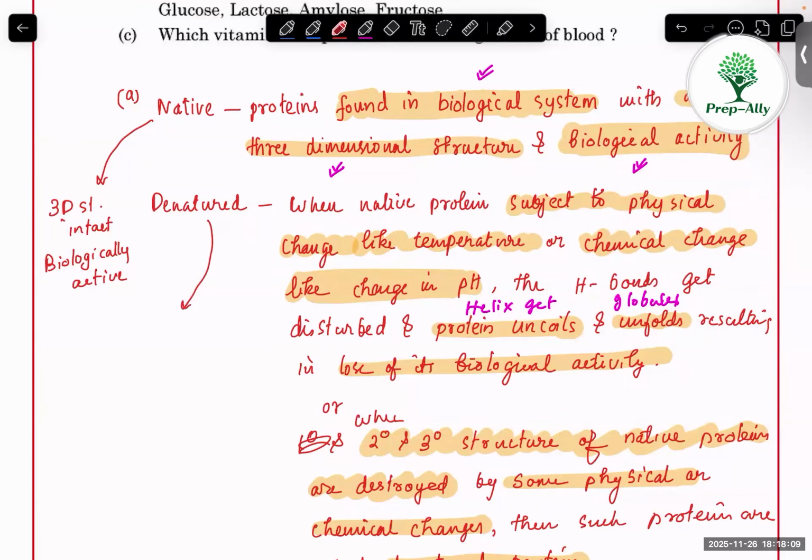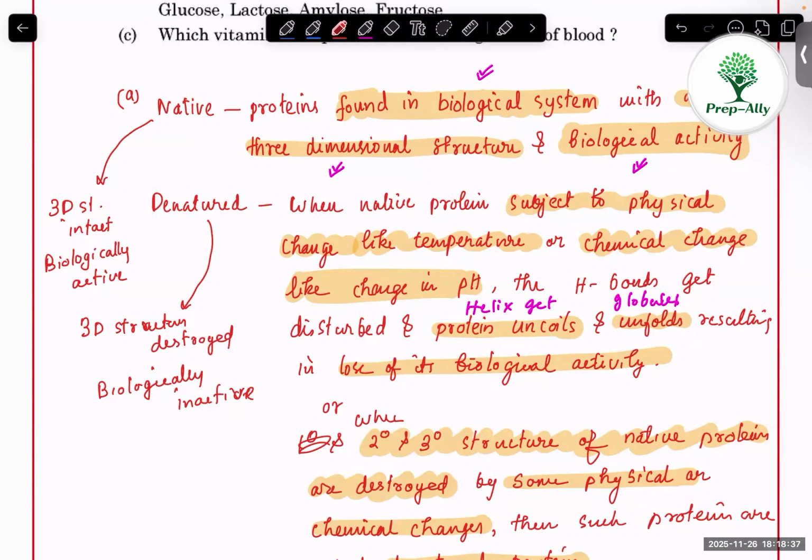And denatured means 3D structure destroyed and biologically inactive. If you just write these 2 things, simply you will get the 1 mark. That's it. But other things, if you write subjected to this change and all, still you'll get marks. Okay, so any one difference only you need to write.